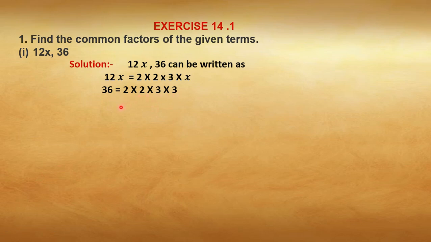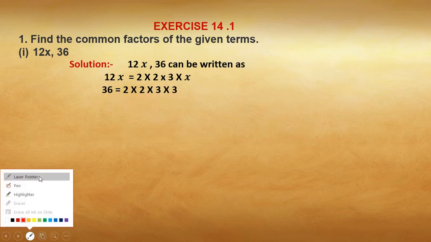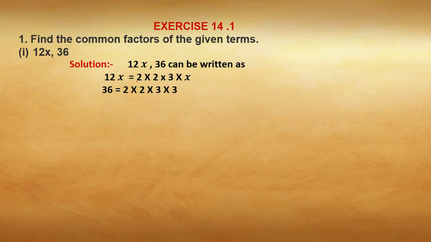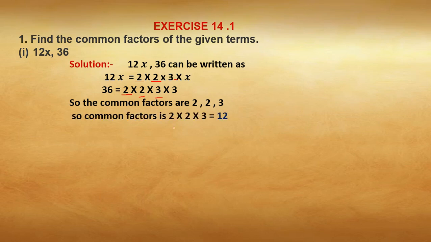In these terms, the 2 and 2 are common, and the 3 is common. So the common factors are 2, 2 and 3. This is the highest common factor: 2 x 2 x 3 = 12. So 12 is the common factor in both terms, 12x and 36.